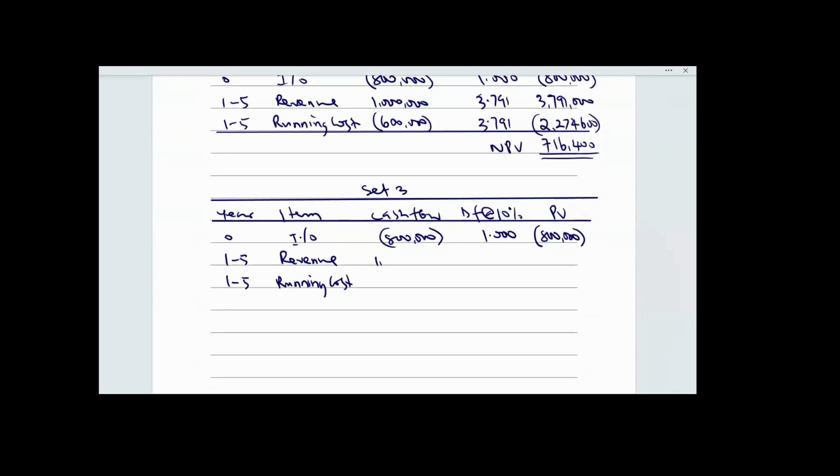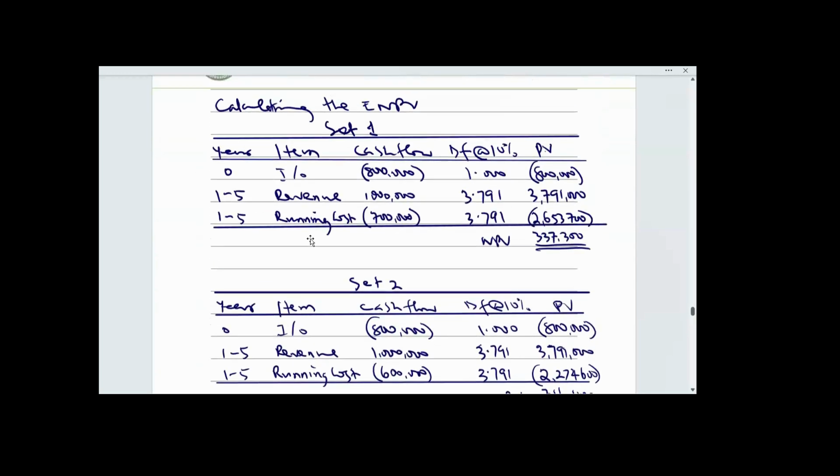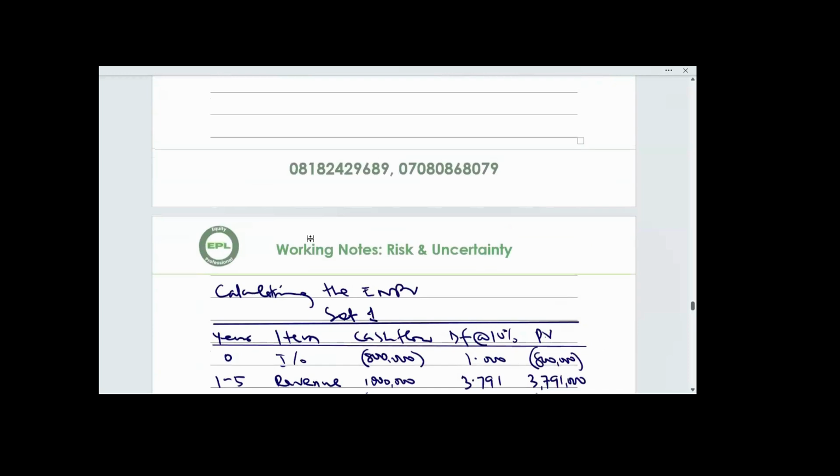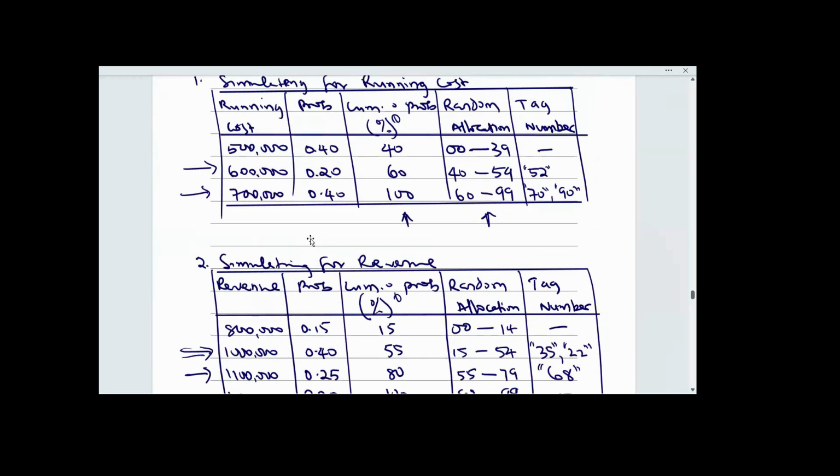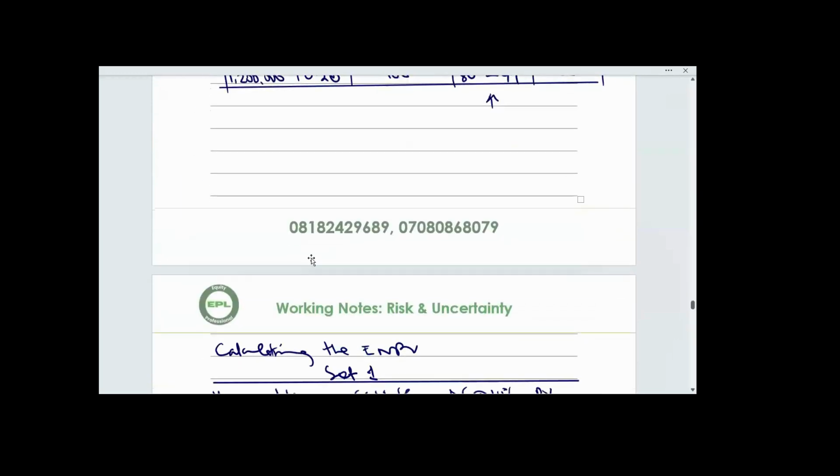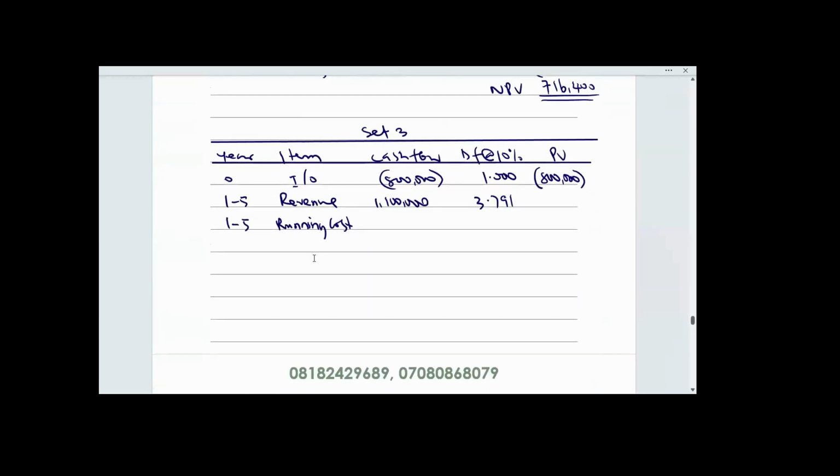Here is 1,100,000 multiplied by 3.791. Then for running costs, it's 90. So 90, trace it to the left, that's 700,000. The cash flow is 700,000 multiplied by 3.791.